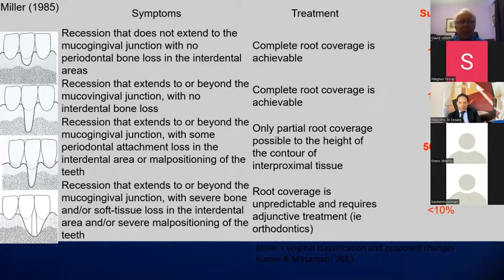And the problem then is the height of the contour, the interproximal tissue, how to replace that. And obviously with class 4, it's much more difficult, and it's unpredictable and requires adjunctive treatment, i.e. using orthodontics. This is historical. The idea with orthodontics then is to bring the teeth back into the bony envelope, and then you may get more gingival tissue. Next slide, please.